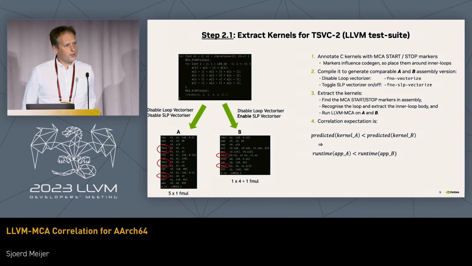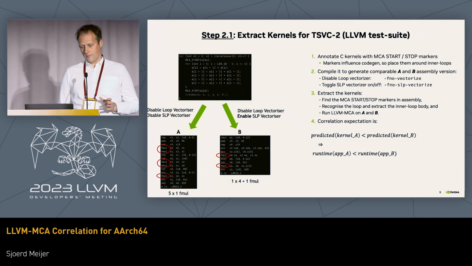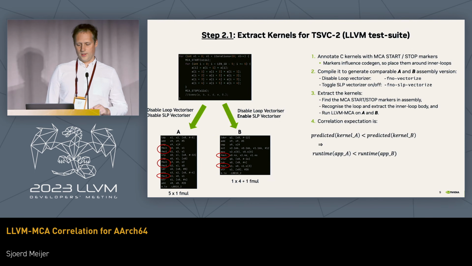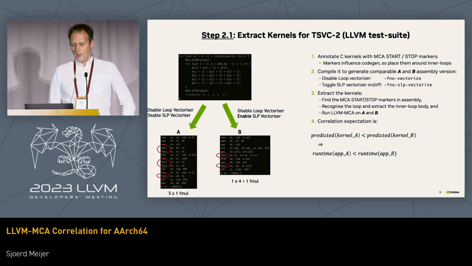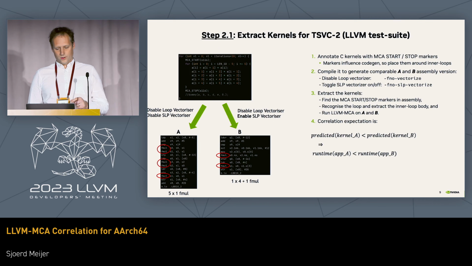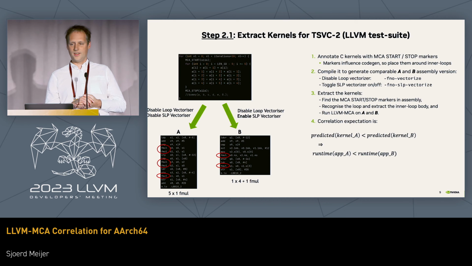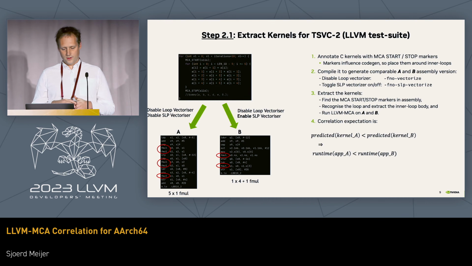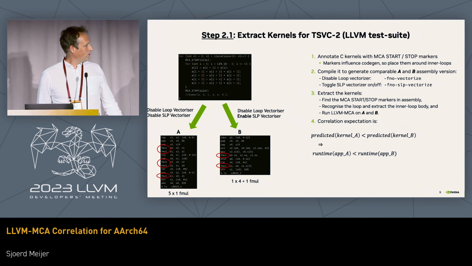And we do this by always disabling the loop vectorizer, because as I mentioned, that affects the number of data elements that the kernel works on. But then we toggle the SLP vectorizer on or off, and that does not influence the number of elements. We can then guarantee that we have equivalent versions. So on the left-hand side, when we disable both vectorizers, we get straight line code.